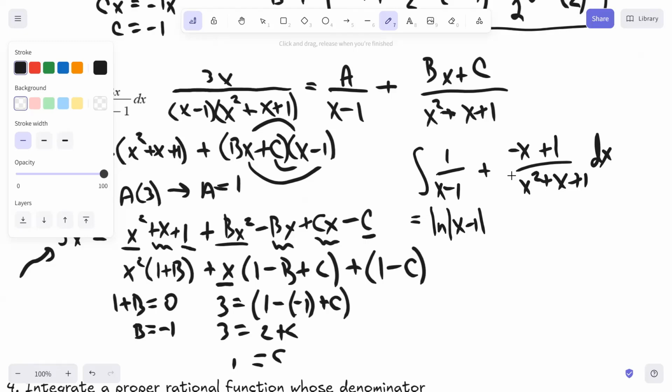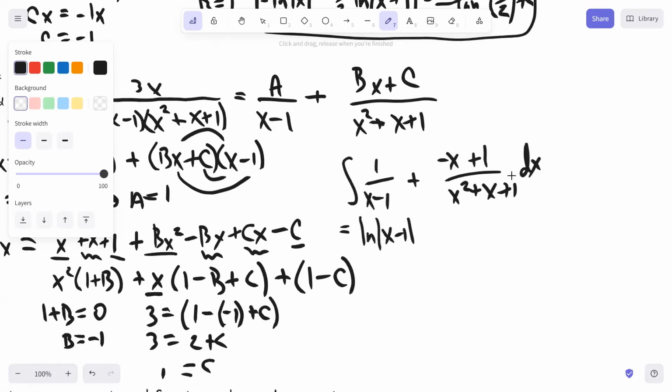Now this second one, this is where things get a little bit complicated because we can separate the minus x and the plus 1 into two separate fractions, but still that's not going to help us because we're not going to necessarily get a tangent inverse or a natural log form. What we have to do is actually complete the square for the denominator.